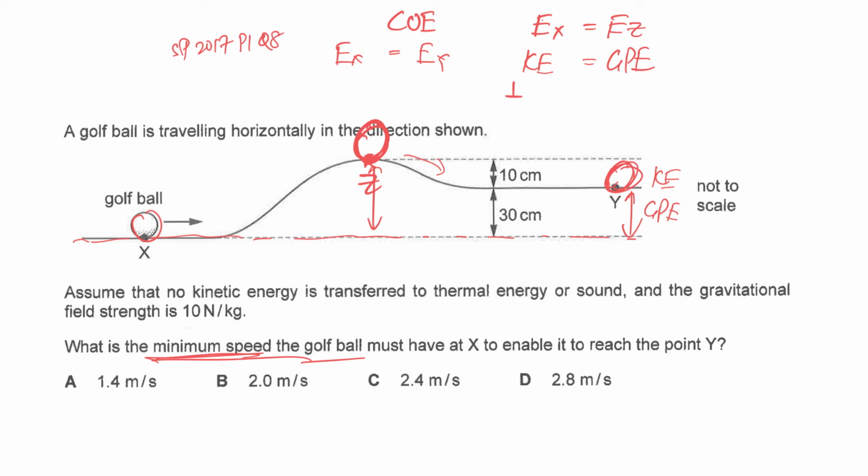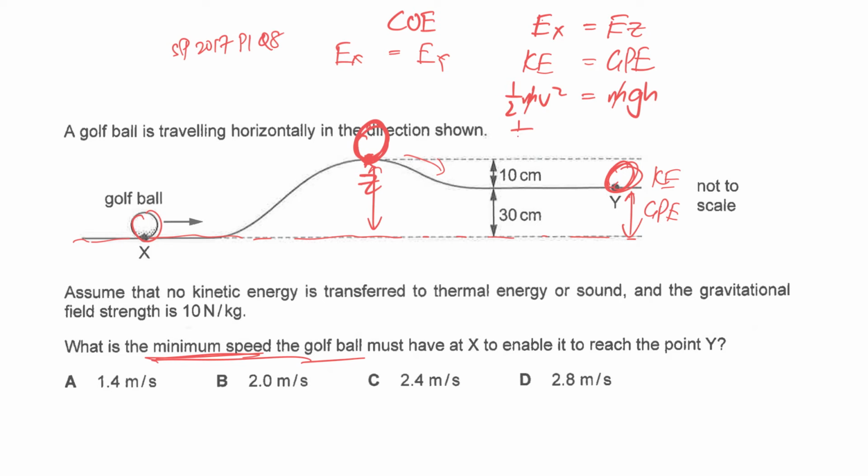So let's put the formula in. Half mv squared is equal to mgh. And you can see why I always prefer you to do this working, because just like this question, the mass of the golf ball is not given, but you can still solve it. Why? Because mass is a common term.